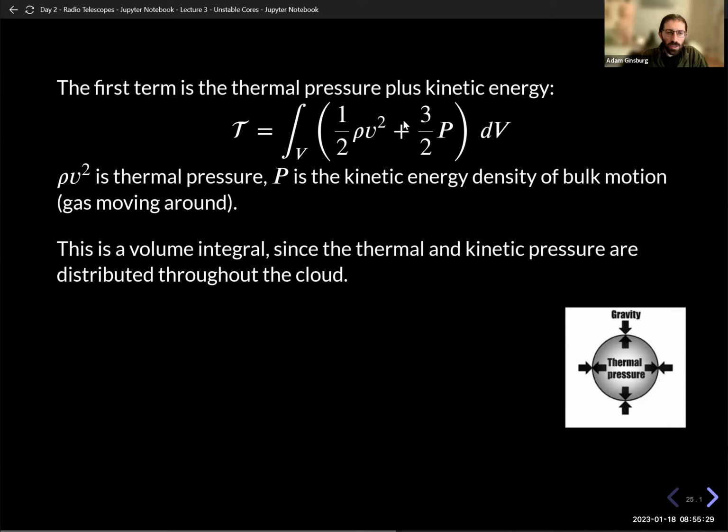In any case, we have thermal pressure and we have bulk velocity motion. These are both things that support against gravity. Both thermal pressure and random motions in the gas have some component that's pushing outward if they're isotropic. If the gas is moving in all directions, that's what isotropic means, it has some outward force that's pushing back against gravity. This is a volume integral because both the thermal and kinetic pressure are distributed throughout the volume. Okay, so that's our kinetic energy term.